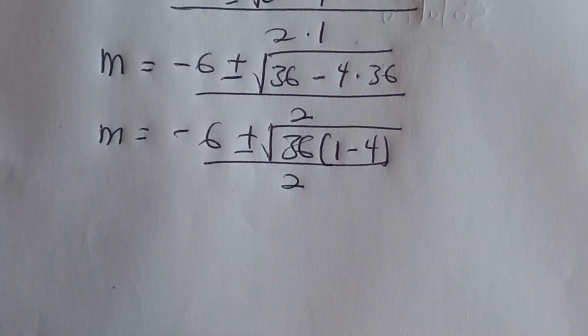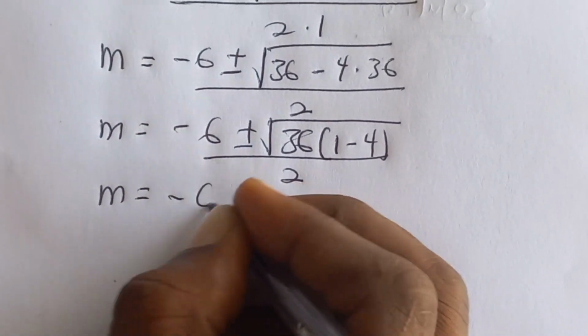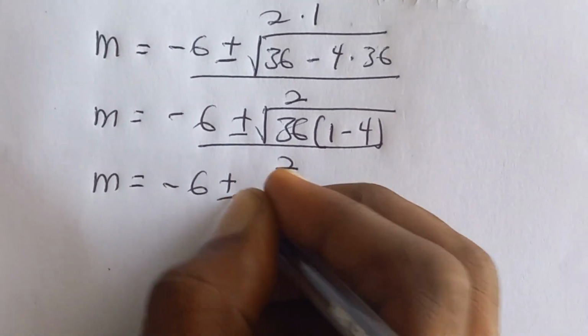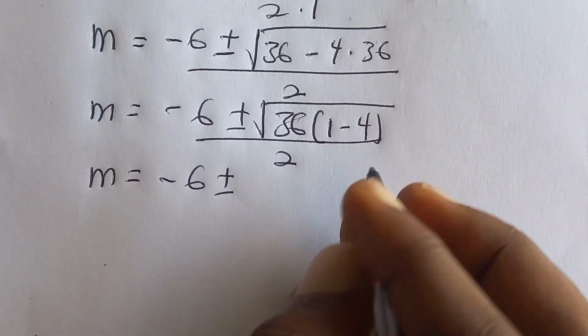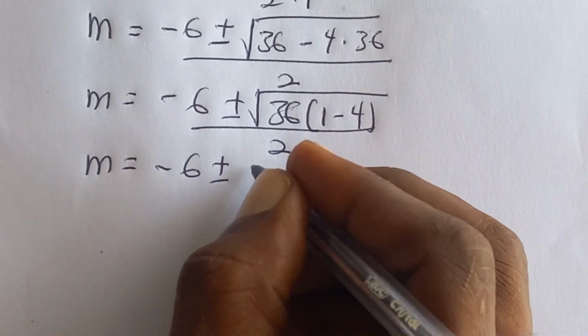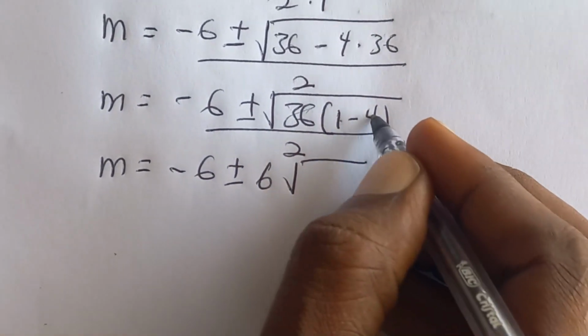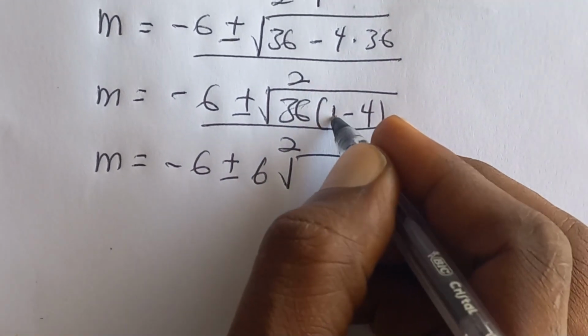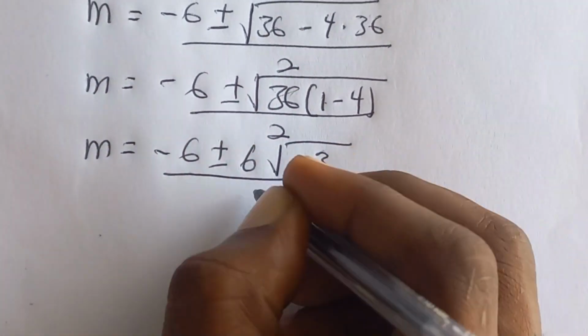So now we can also say that m is equal to negative 6 plus or minus the square root of 36, which is 6, times the root of 1 minus 4, which is negative 3, all over 2.